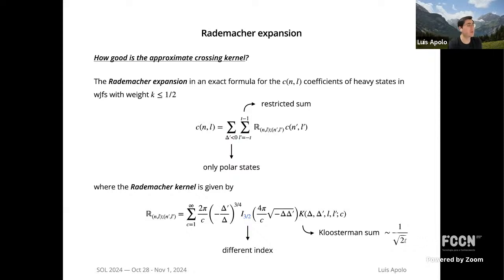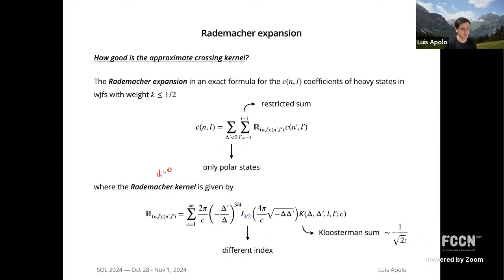And the Rademacher kernel, when k equals 0, which is what we are assuming for now, is given by an expression of this form. There's a sum here over this variable C. There's this term, these Kloosterman sums, for which the relevant aspect for us is that they scale with the index in this way. So in the holographic setup where delta naught is much greater than 1, the index is related to delta naught in a particular way.